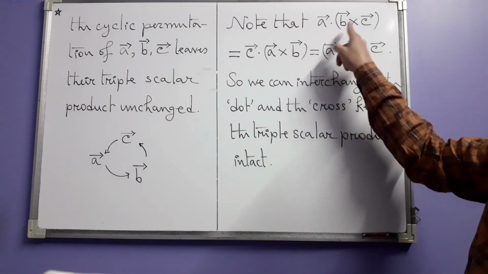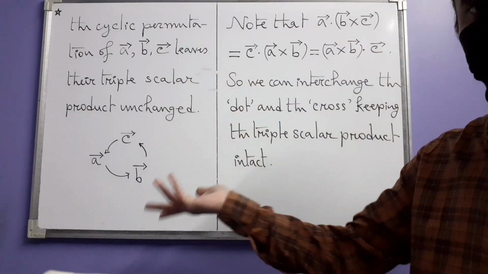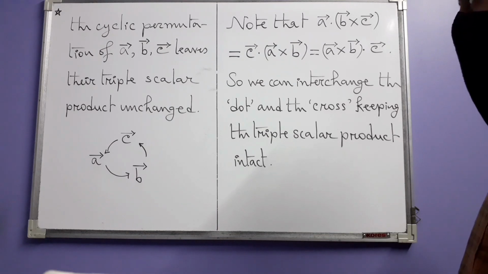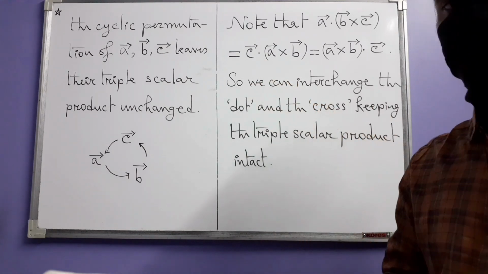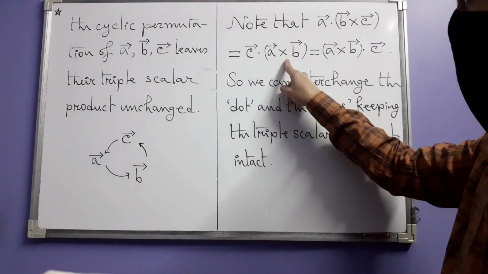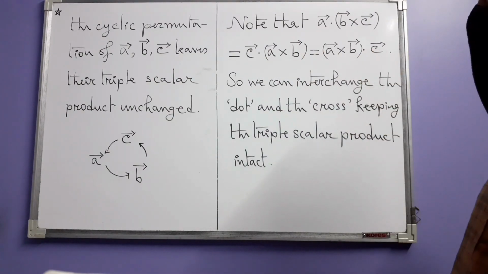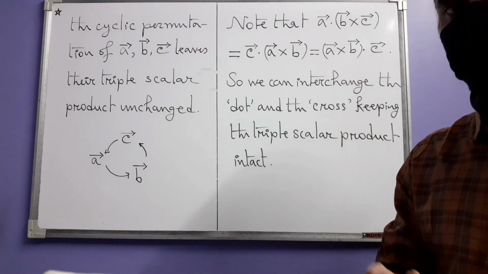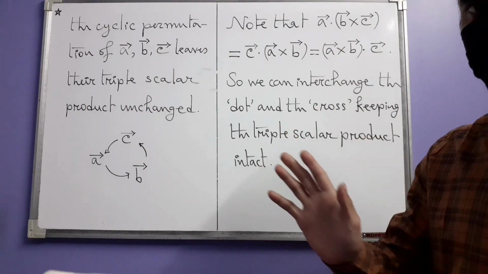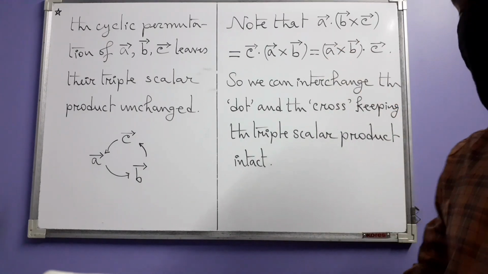We can write a dot b cross c as c dot a cross b by that property we saw just now. However, we already know that the scalar product of two vectors is commutative. So in place of this, we can also write a cross b dot c. So you see that we have got back the original order, not just the cyclic order that's maintained throughout, but the original order where it starts with a.